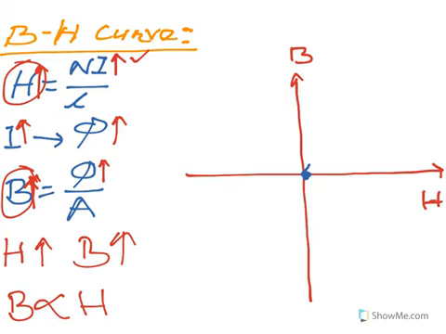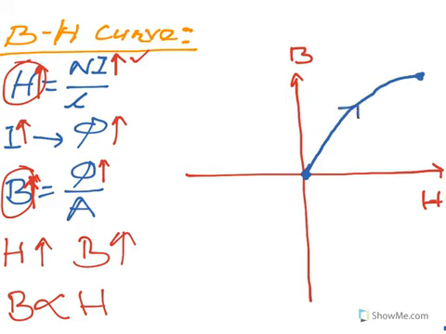Then with increasing current, H increases, hence B increases, and B goes to saturation at a saturation point over here. This is the knee of saturation, or knee point.